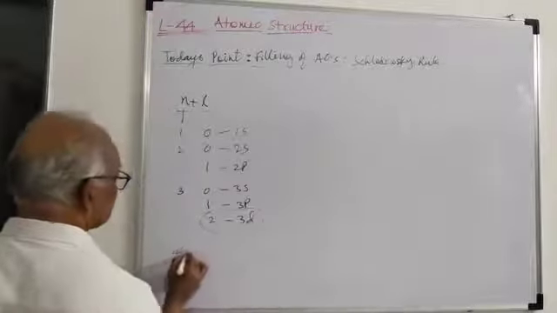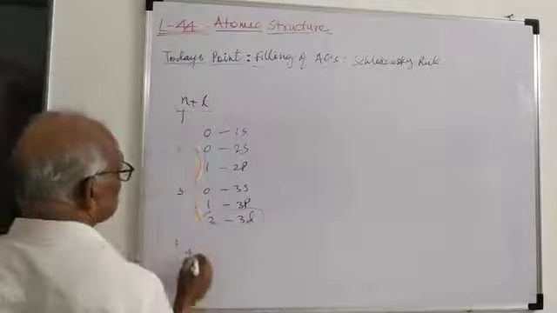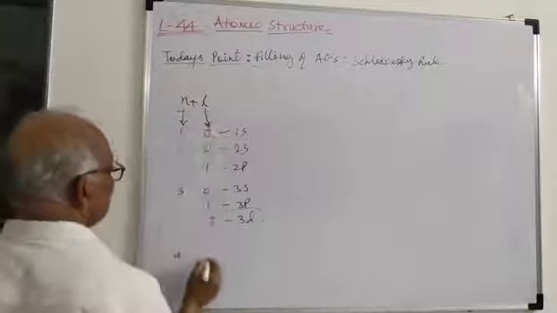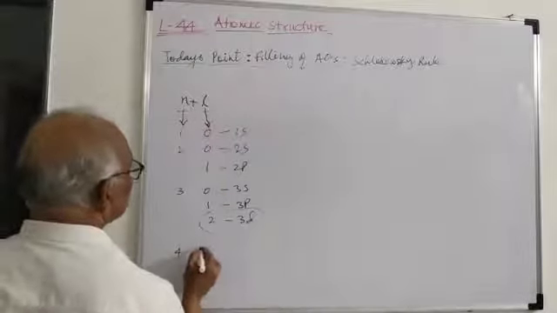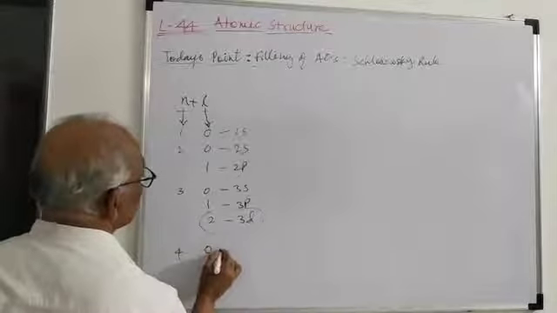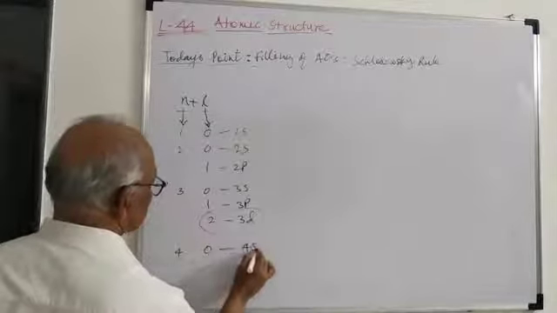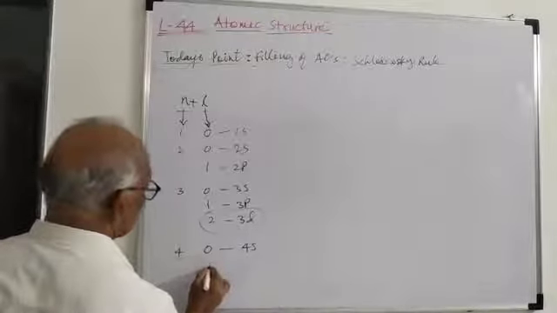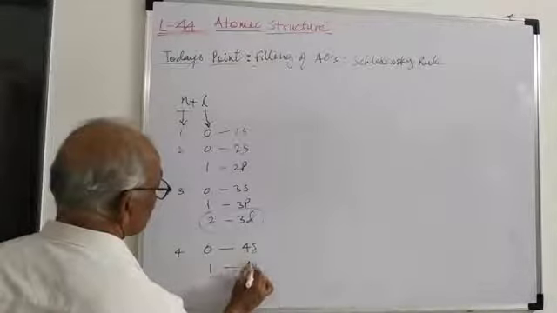Now we consider the fourth shell, n equal to 4, and these are the l values. For the fourth shell, the l value is 0, that is 4s. Then l is equal to 1, where there is 4p.